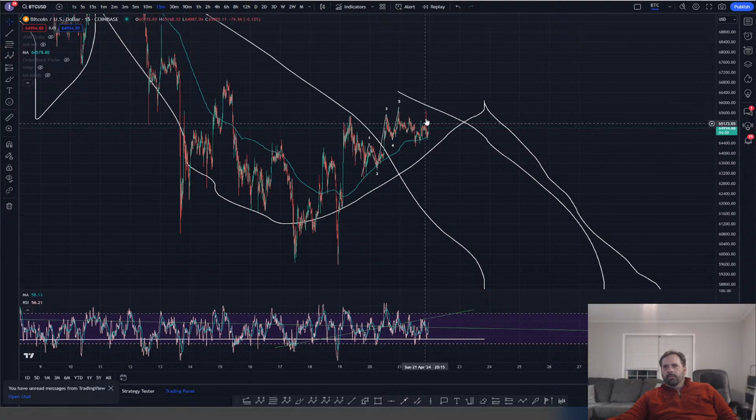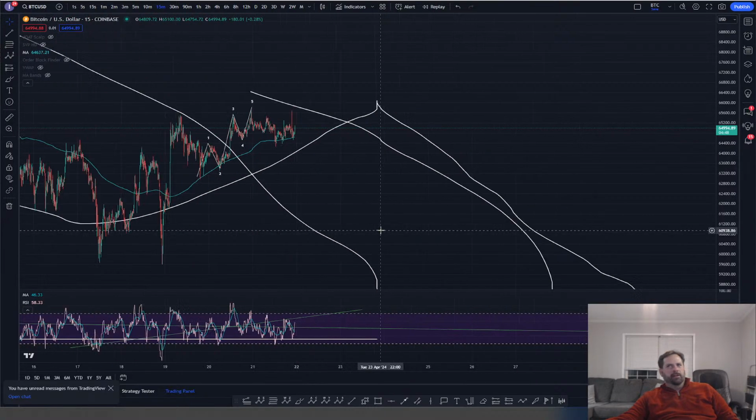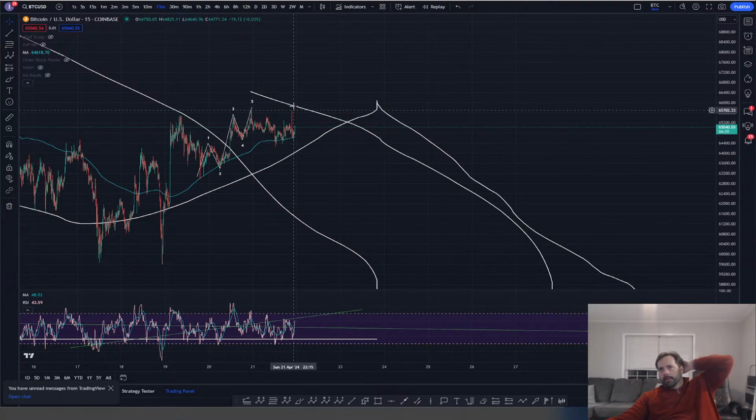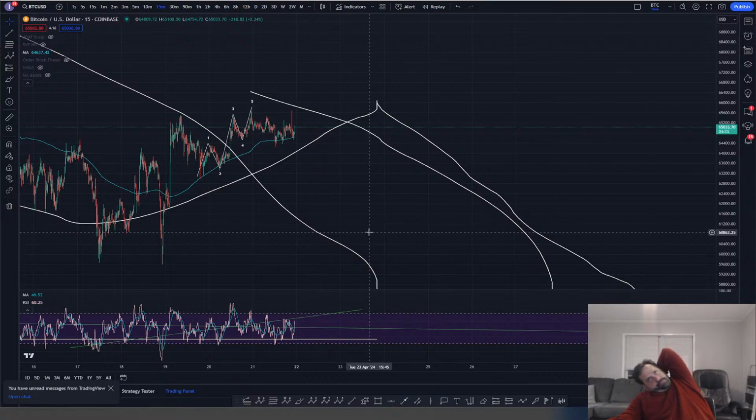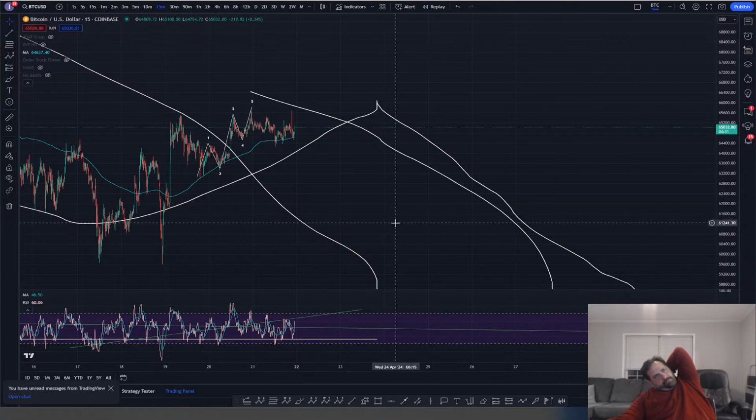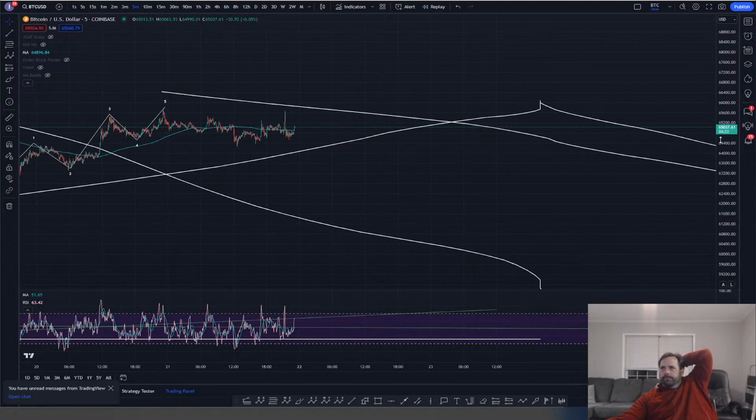I just don't like this as a 1-2 to the downside. It doesn't look like a 1-2. It could be, but I don't think so. This little stop hunt there, I'm not sure what to do with that. Daggone it. This little wave that's happening right now is kind of bothering me because I don't like the way it's going up.